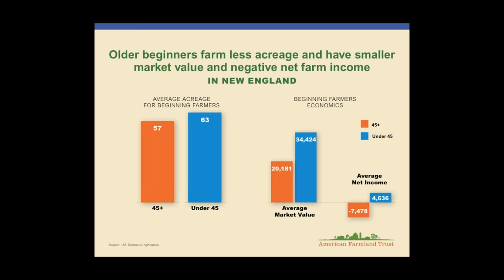Gary, go ahead. Okay, I'm addressing being able to measure the impact of beginning farmers over 45. Another publication from the Census of Agriculture deals with typology, where we have information about farm operators who say they are retired, and this could be retired from farming or from another occupation.